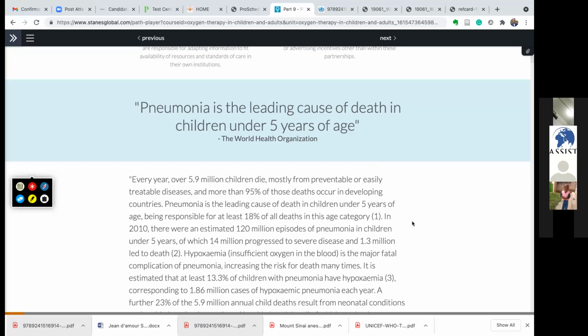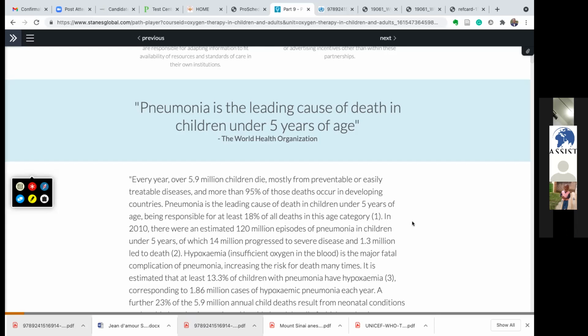In 2010, there were about 120 million episodes of pneumonia in children under 5 years. Among those, 14 million progressed to severe disease and 1.3 million died. Hypoxemia was very common, with fatal complications and increased risk of death.